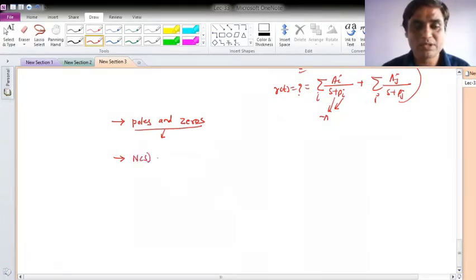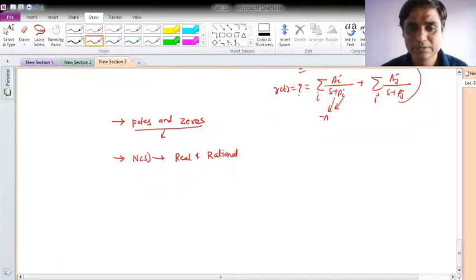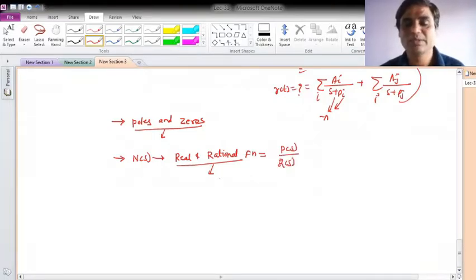The network function which I will be getting will always be a real and rational function. So what is a rational function? A rational function is the ratio of a polynomial in the numerator and a polynomial in the denominator. That's it. That is my rational function.